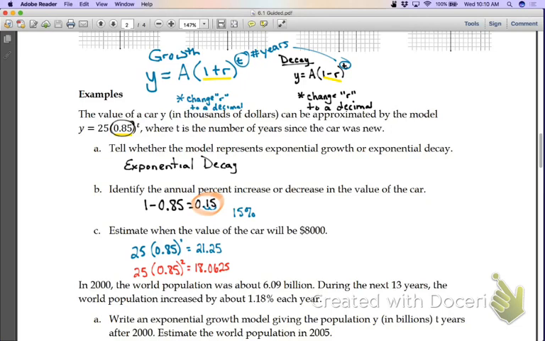9? Okay. So instead of doing 3, 4, 5, 6, 7, 8, and then 9, if we go with 25,000 times 0.85 to the 9th power, all I'm going to do is type in 25 times 0.85 to the 9th power.